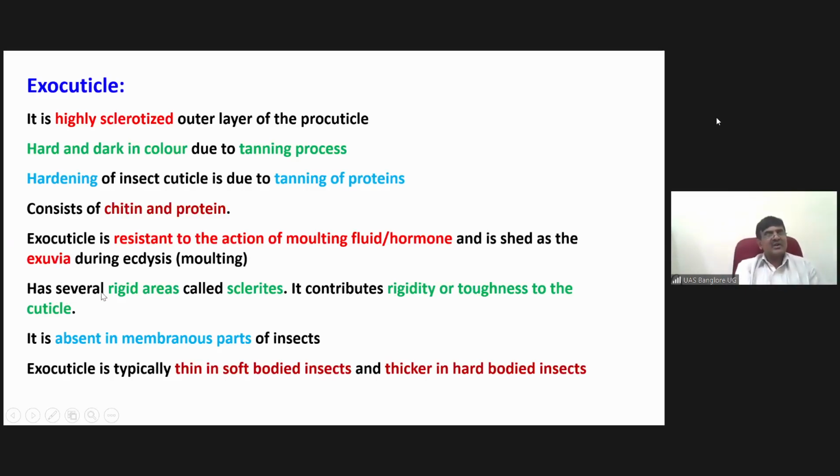And this exocuticle comprises rigid areas which are called sclerites.